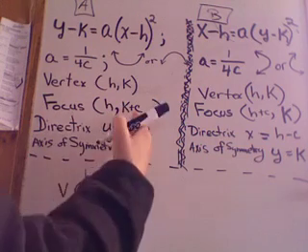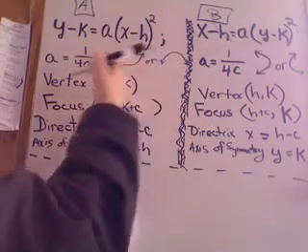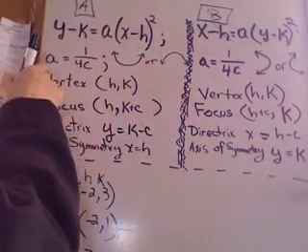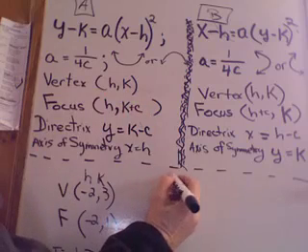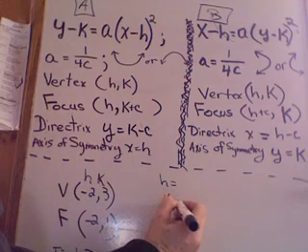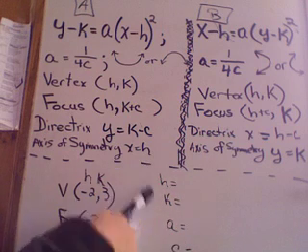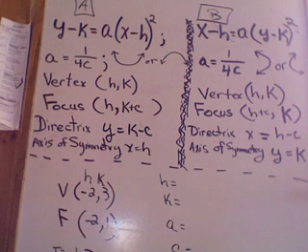Now, I notice there's also c, and there's also a. So I need to find all of these pieces of information: h, k, a, and c. If I can find those four pieces of information, I have enough information to solve this problem.